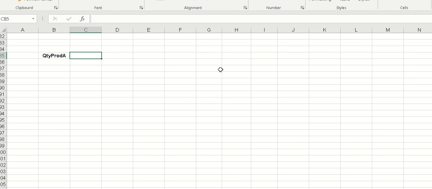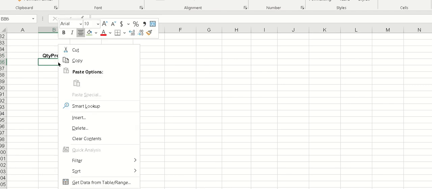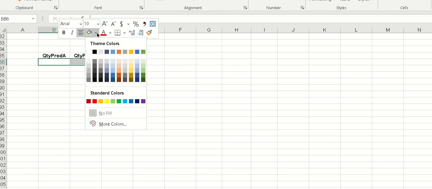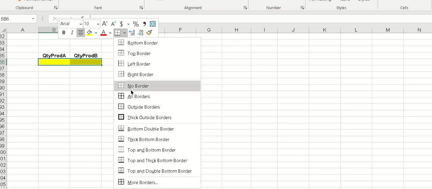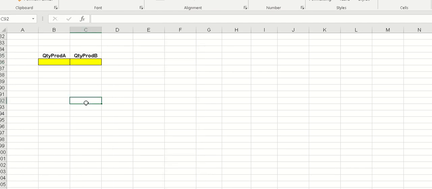And how much should be the quantity of product B? That is the decision required. So I'm going to put that into a color. So let's say it's yellow, to highlight it, like this.